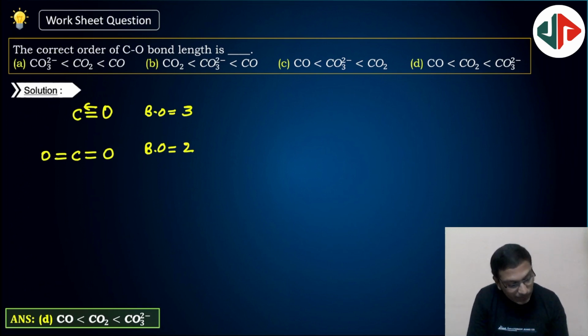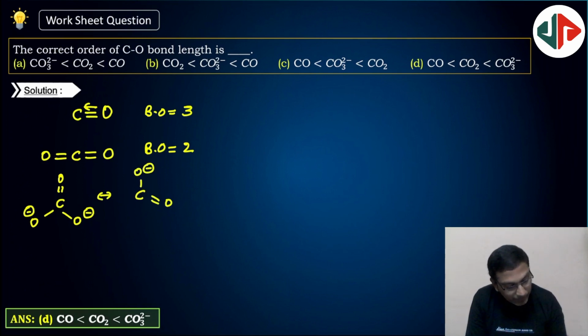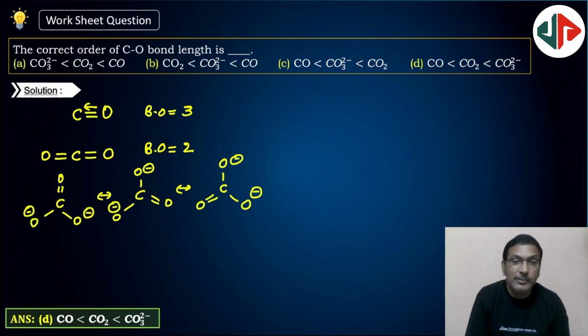Next for CO3 2 minus, the structure will be like this. In this molecule, resonance is present. You can calculate bond order like this. These structures are possible, 3 resonating structures. Structure 1, structure 2 and structure 3.